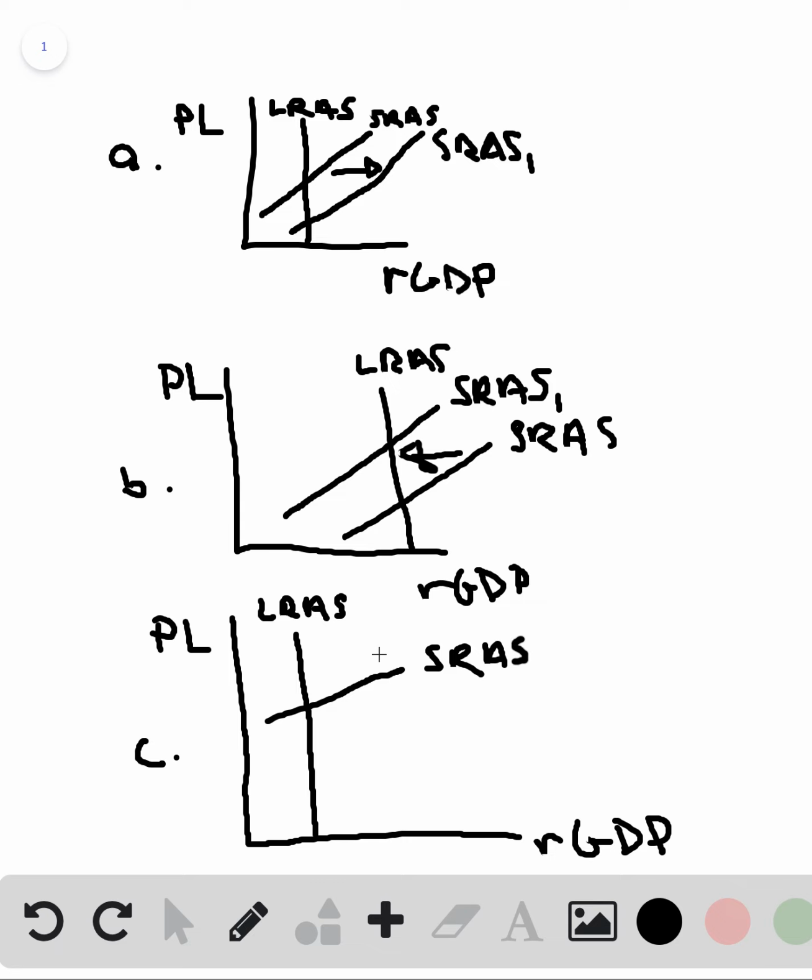So if there is a positive technical change that influences our short run aggregate supply curve to shift rightwards, like so. So this is our short run aggregate supply curve.